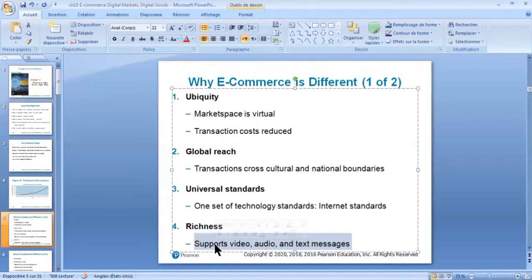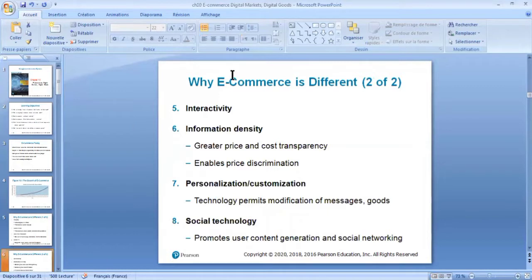Because you can use text, audio, and video simultaneously, and you can use them for a larger number of people. So although it's not face-to-face, although it's not personal, you can still provide a rich message and rich communication.